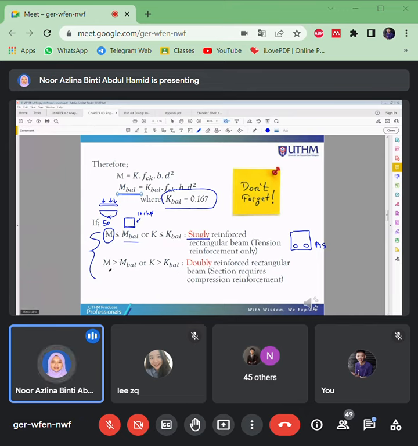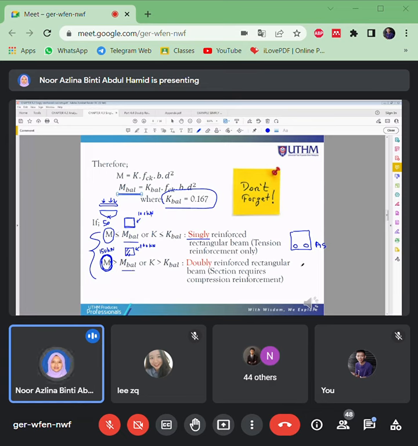But if this beam section, according to its size, can support up to 100 kilonewtons, and the load applied on the beam here is quite big, say a moment of about 150 kilonewton meters, then the moment from the loads is more than the capacity of that beam can support.